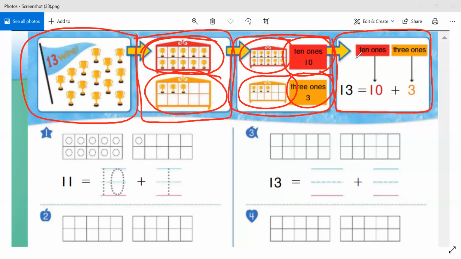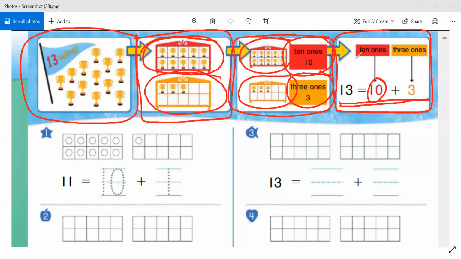Read the number sentence with me. 13 equals 10 plus 1. Oh, plus 3. I apologize. Let's read that again. 13 equals 10 plus 3. So what does the 10 represent?